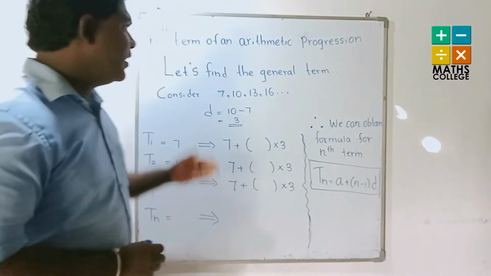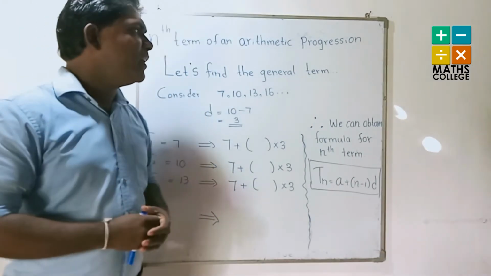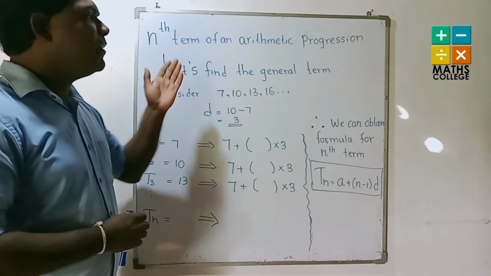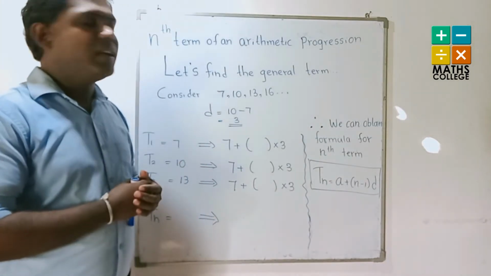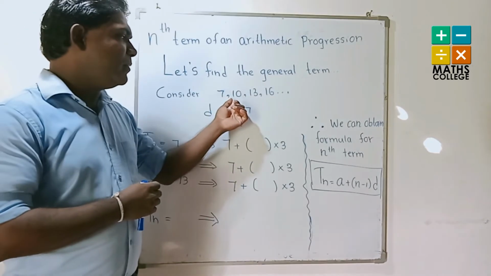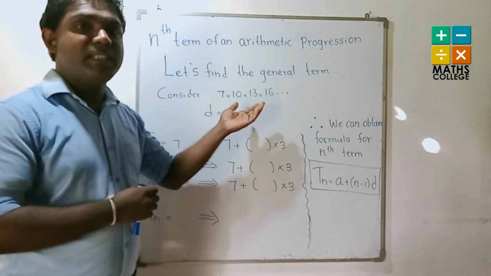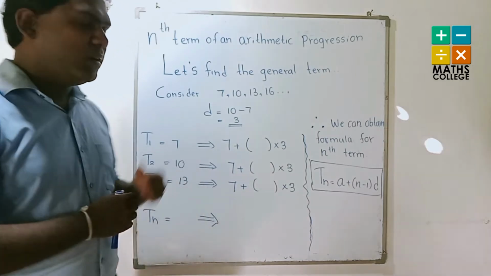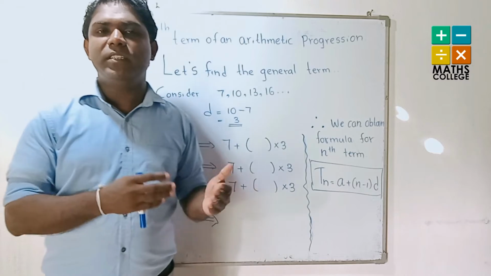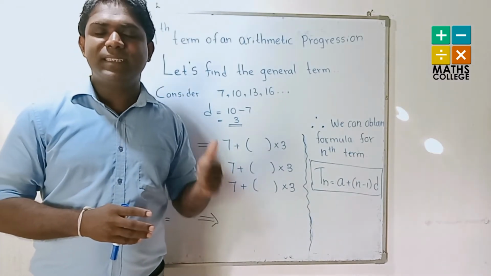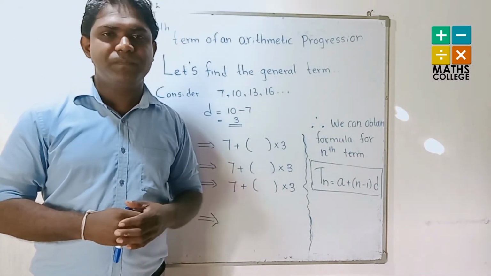Under the topic nth term of an arithmetic progression, let's find the general term. Here consider the number sequence 7, 10, 13, 16. To find the general term, we consider the first term and the common difference.